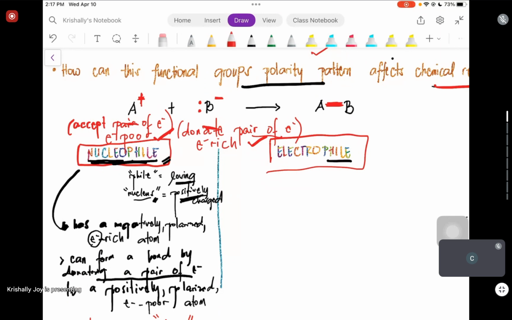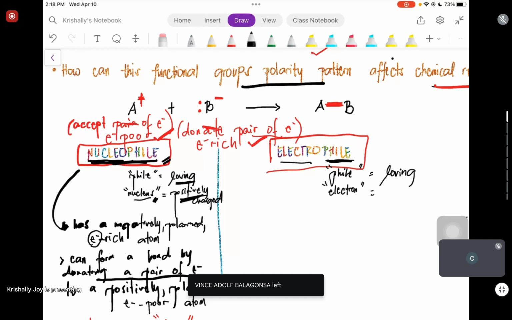Based on your knowledge of nucleophile, this time, let's extract the definition of electrophile. This is the exact opposite of a nucleophile. So phile again means loving. And electro comes from the word electron.